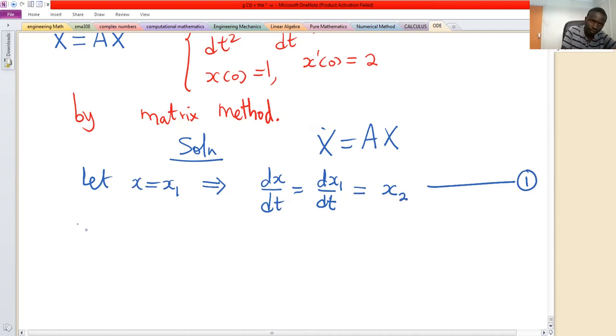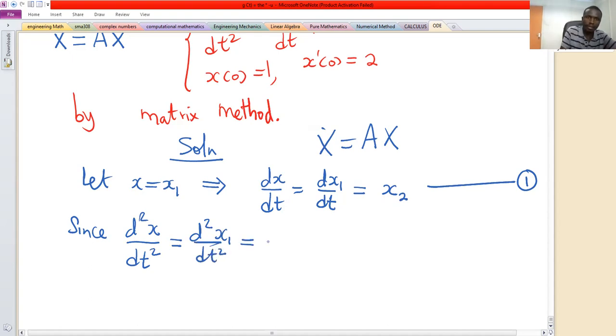Since d squared x dt squared will now be the same as d squared x1 dt squared, because we have already specified that x is x1, and this can be written as d dt of dx1 dt. That's the definition of second derivative.